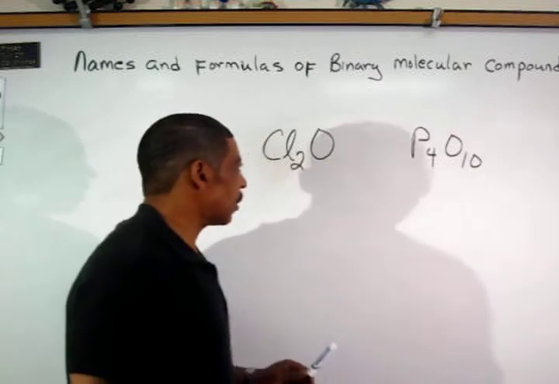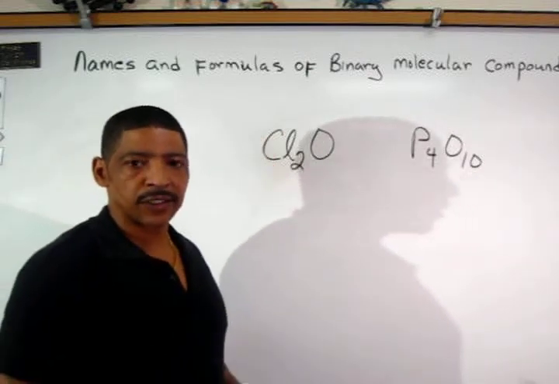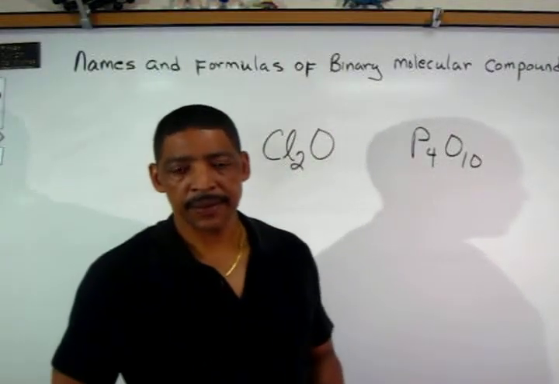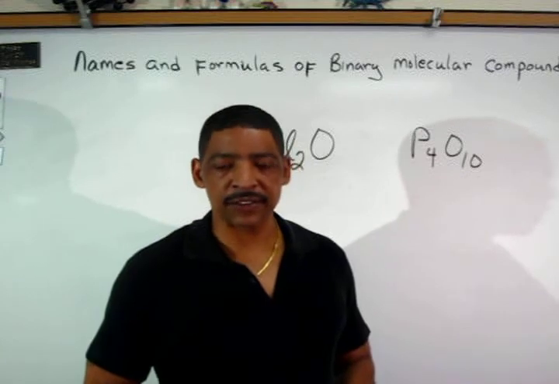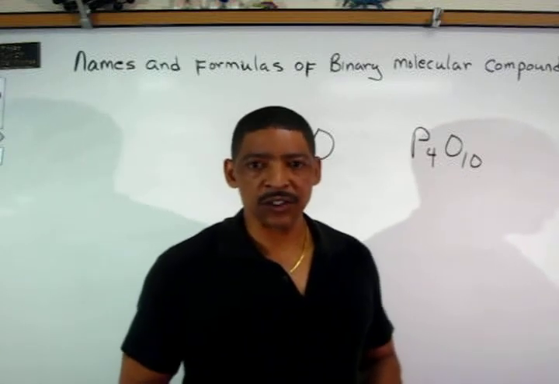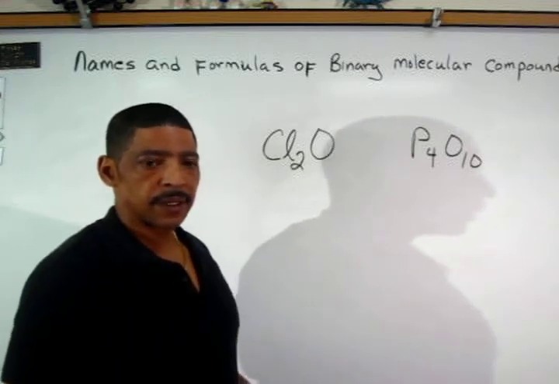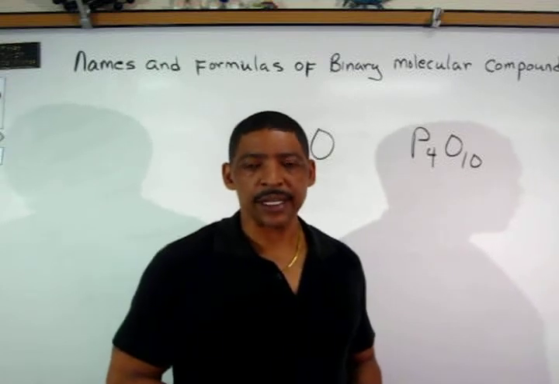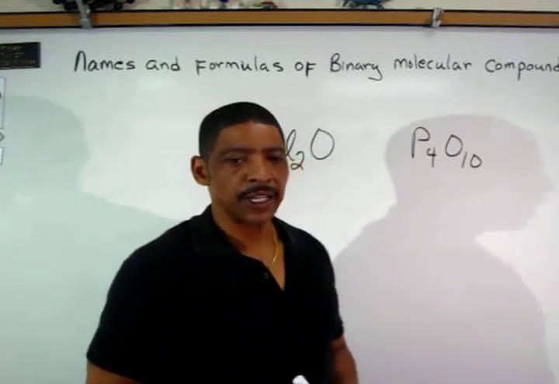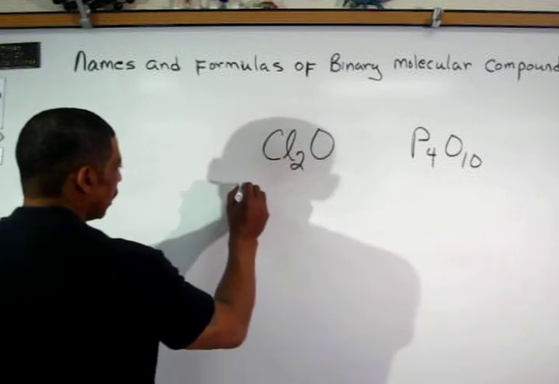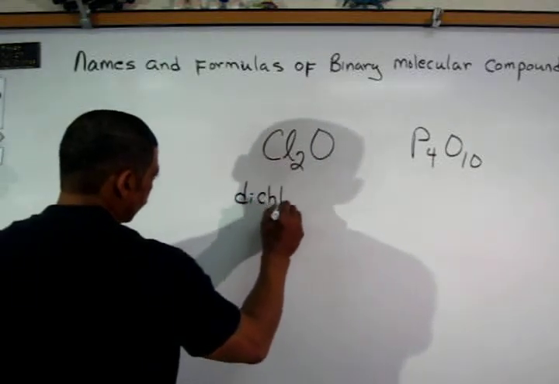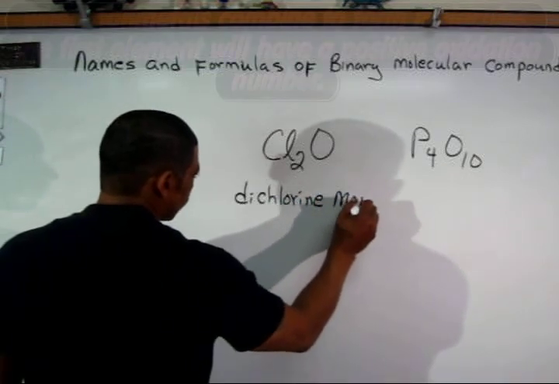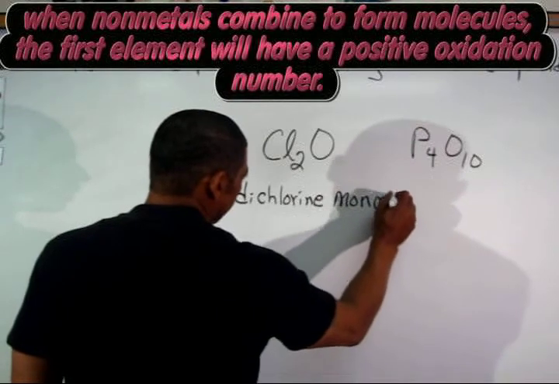In this formula, chlorine has combined with oxygen. Since chlorine is the more metallic element and has multiple positive oxidation numbers, chlorine is written first in the formula. In this particular formula, the chlorine will possess a +1 oxidation state. To name this compound, simply write dichlorine monoxide.